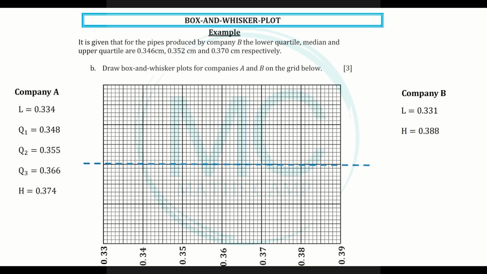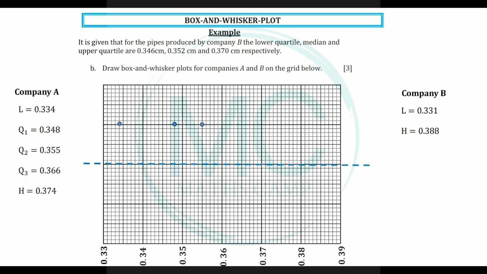Company A. Let's put company A at the top of the graph. The lowest point is 0,334. That will sit about here. Then I have 0,348. Plot that around there. Then 0,355. That will sit halfway between 3.5 and 3.6. So over there. 0,366.